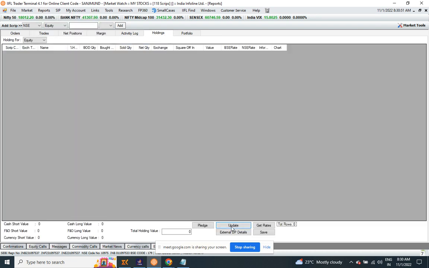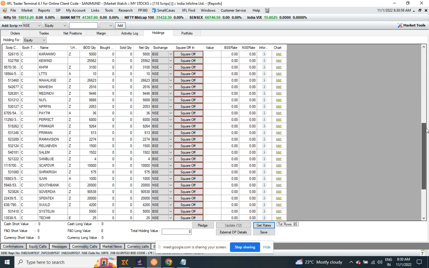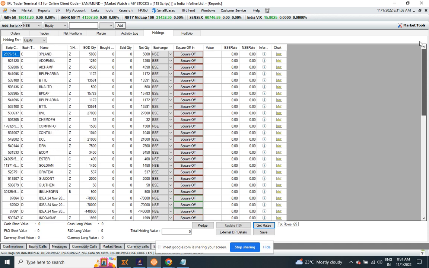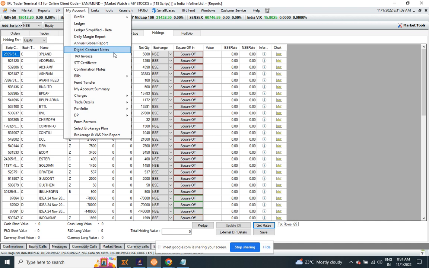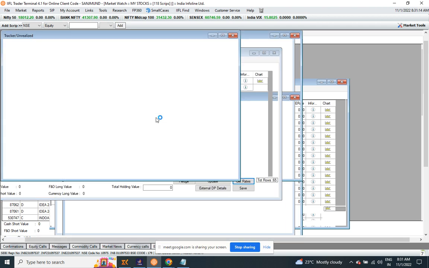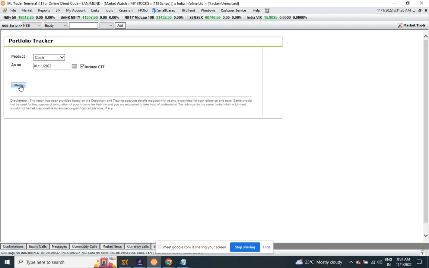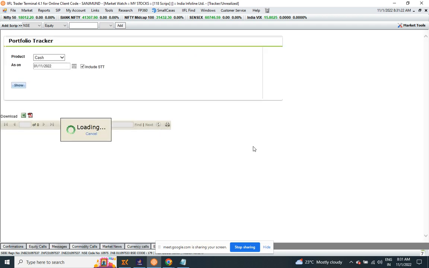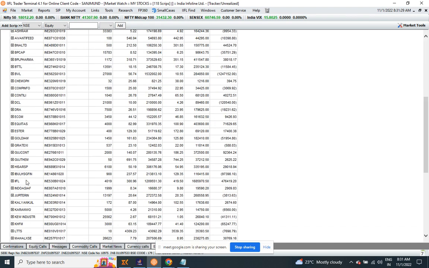So IIFL Finance shares have been pledged. While you pledge it, just at 8% you'll be able to take out the money. But what has been my purchase price, you can see here. So this is still unbooked. 4,019 shares I have got.